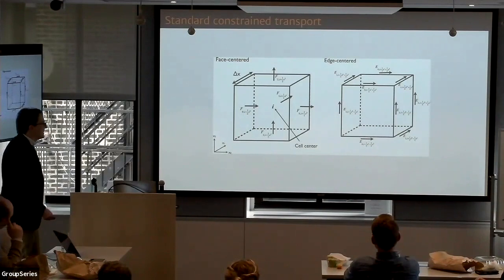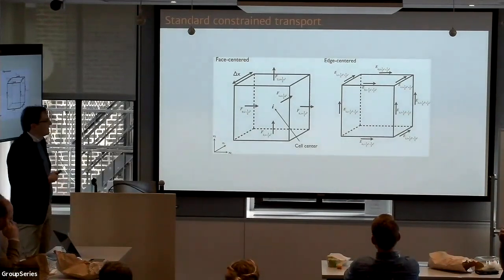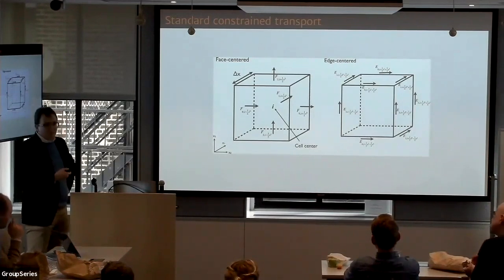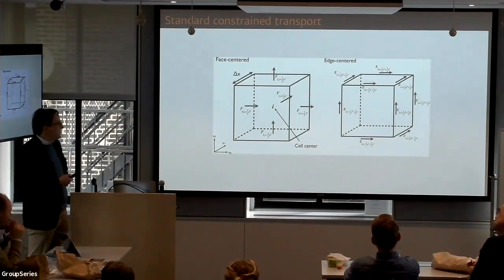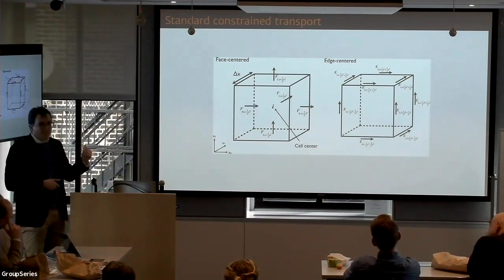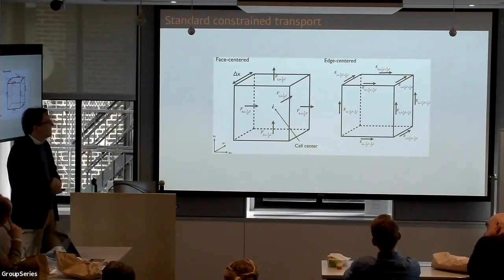And there's a really nice conceptual way to think about this discretization. If you think about what the divergence-free condition means, it means if you have a cell and you calculate the magnetic flux pointing outward from each of these faces, the sum of these fluxes should be 0.